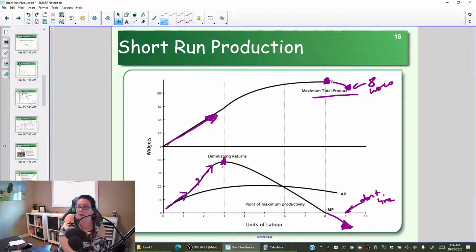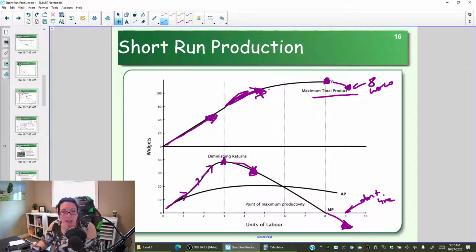It's really because we have some kind of fixed factor, like just one stapler, that's limiting the ability to divide up the work. We can have more and more people fold paper, but it still has to go through this one stapler. So it's not adding as much to our output. Notice here that the total product line gets flatter, and marginal product starts to decline. Just because we're getting less and less from each additional worker doesn't mean we shouldn't hire them, because they are still adding to output.